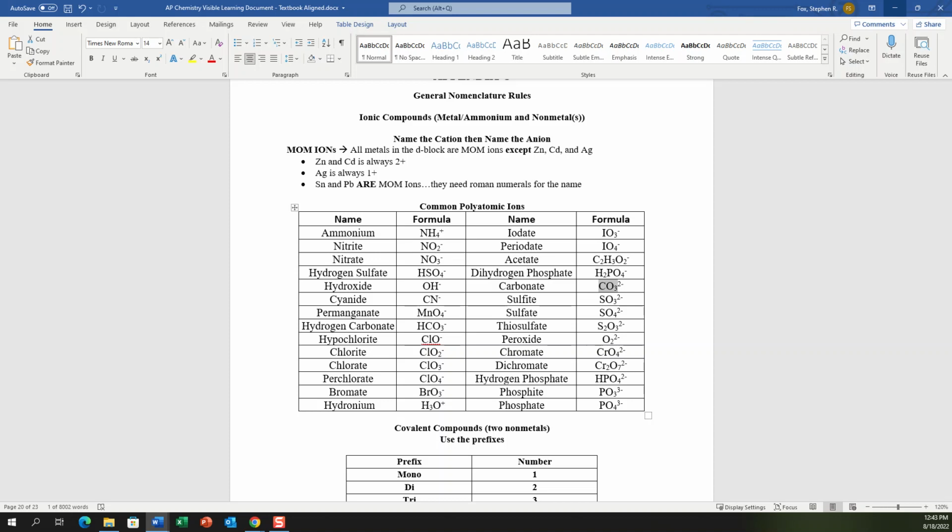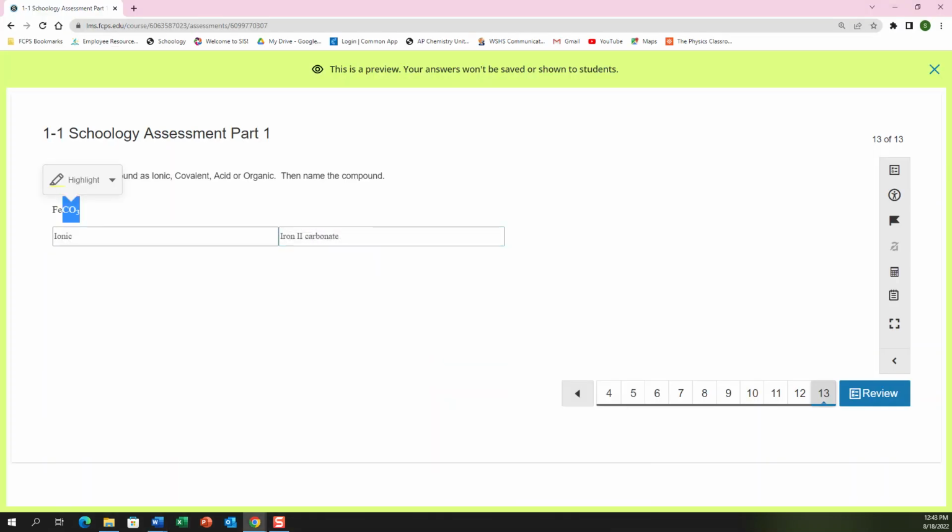And so ionic compounds, they have to be electrically neutral. So if the negative side of the compound is minus 2, the positive side of the compound has to be plus 2 total. And since you only have 1 iron in this formula, the subscript is 1, then that means the iron has to be plus 2. So that's why it's iron 2.